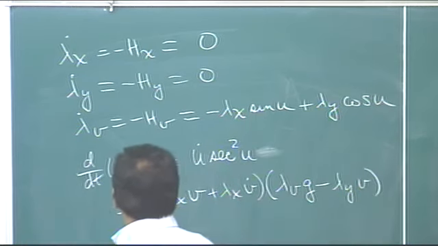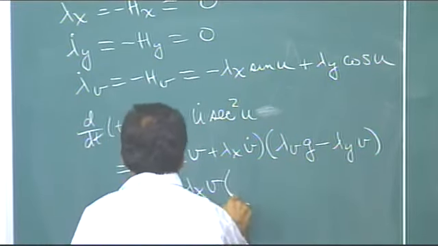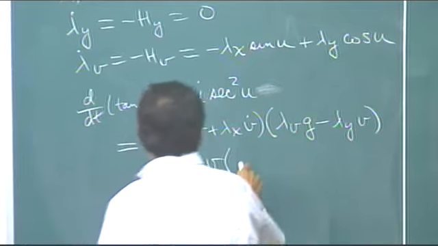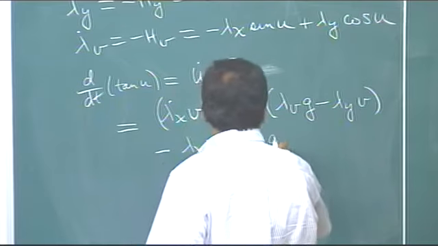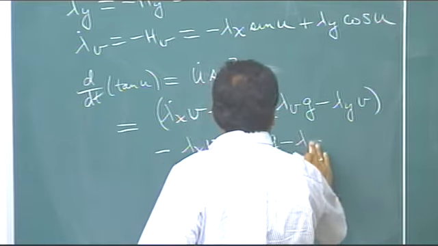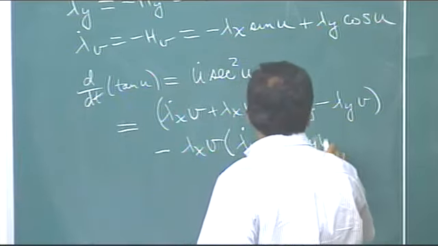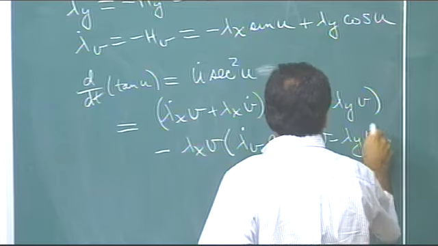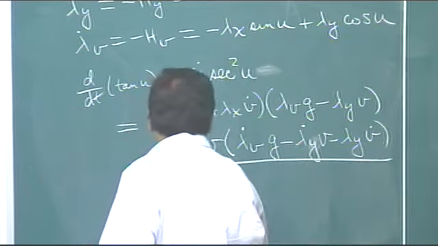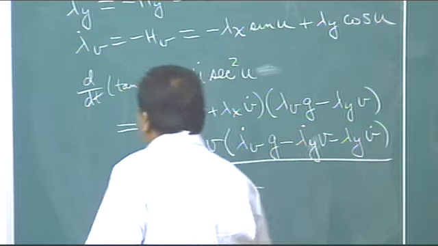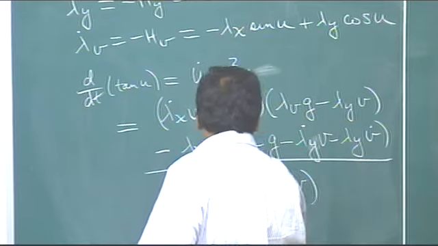And then I've got minus the numerator, which is lambda x v, times the derivative of the denominator, which is lambda v dot times g minus lambda y dot v minus lambda y times v dot, all divided by the denominator squared, which is lambda v g minus lambda y v squared.